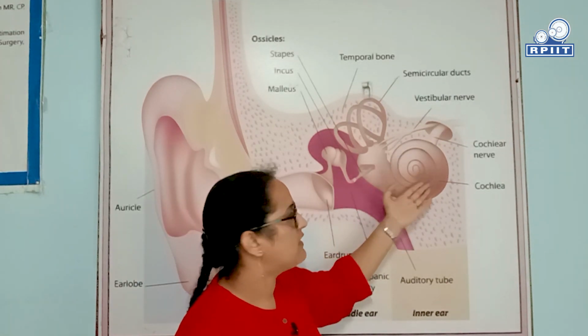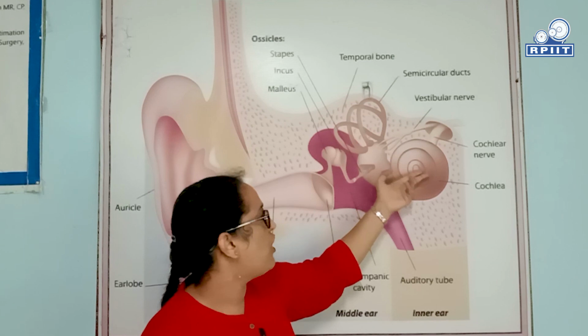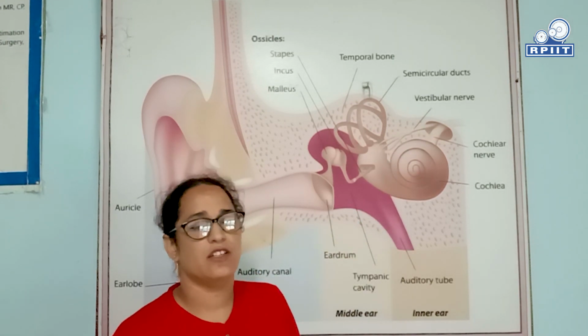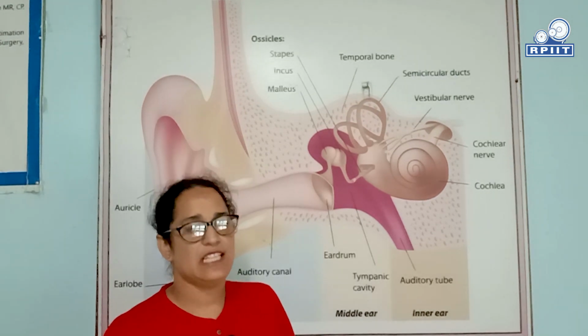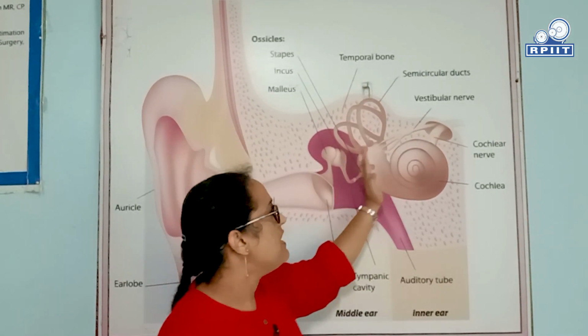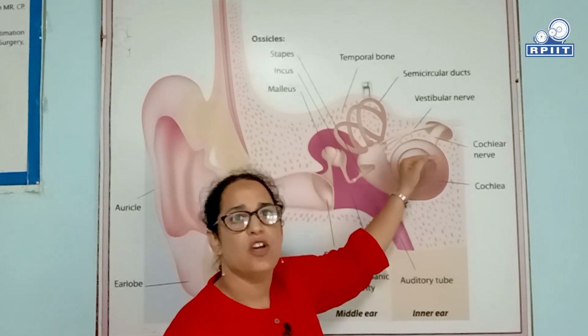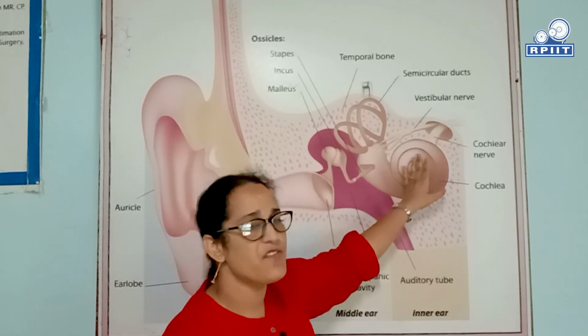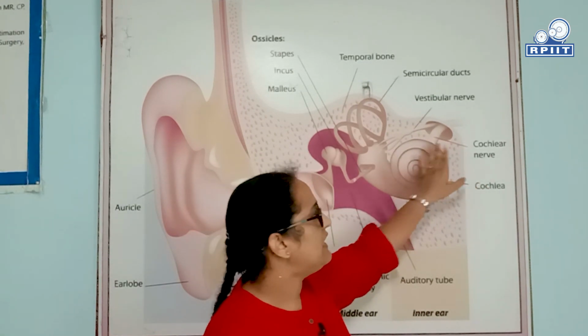In the cochlear duct, there is the spiral organ which contains a basilar membrane. The hair cells containing the auditory sense receptors are present over the basilar membrane. When the fluid waves come, they stimulate those auditory receptors, and collectively they produce a nerve impulse, that is, a cochlear nerve impulse.